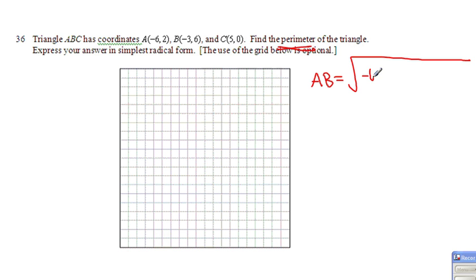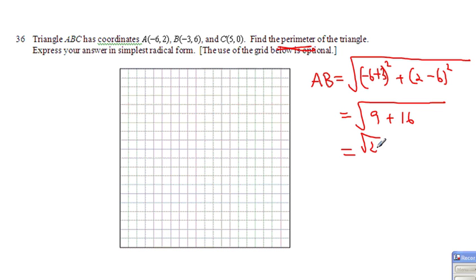So we have -6 plus 3 squared, x1 minus x2, plus 2 minus 6 squared. Then here we have 9, and here we have plus 16, which is equal to square root of 25, which is equal to 5.